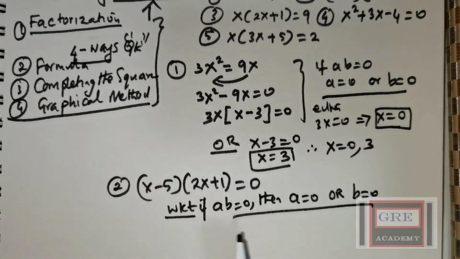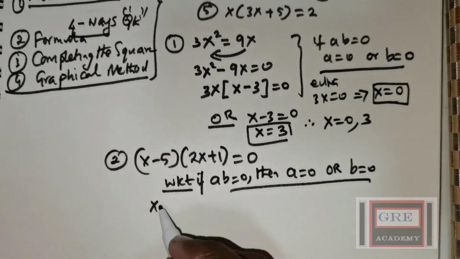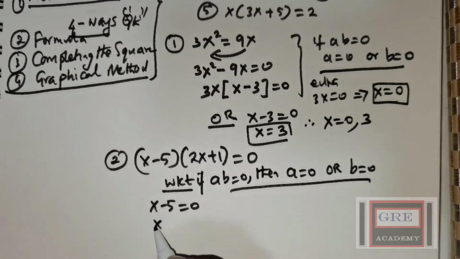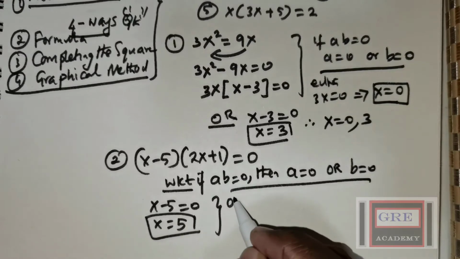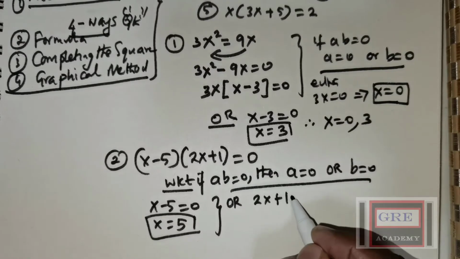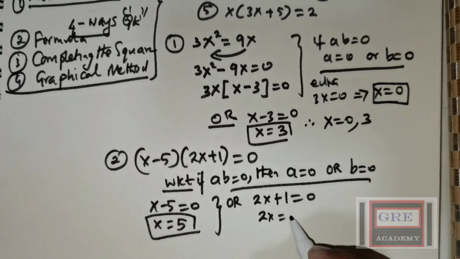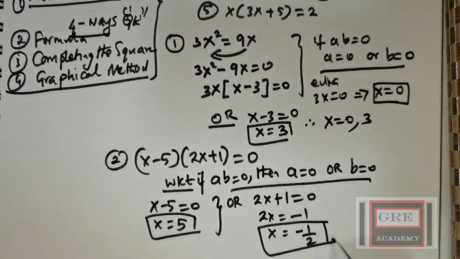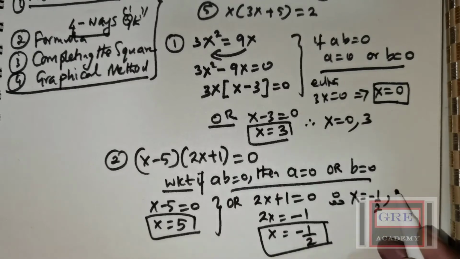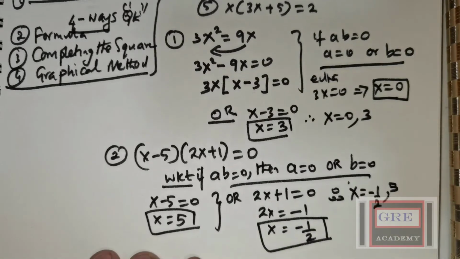So using that concept, we would get x negative 5 is equal to 0. From here, x is equal to 5. This is one value for x. Or 2x positive 1 is equal to 0. From here, 2x is equal to negative 1. So x is equal to negative 1 over 2. So therefore, the values of x are, start with the smallest value, negative 1 over 2, and then place the bigger value 5. So this would be the solution to the question.